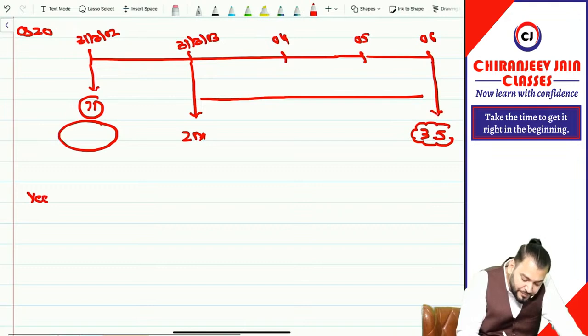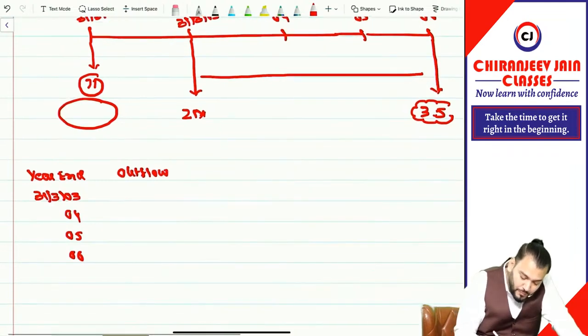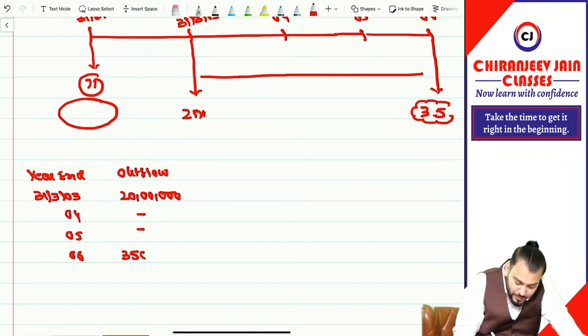On the timeline at 31st March 2003, 4, 5, 6, what is the outflow? This is 20 lakh, this is nil, and this is 35 lakh.